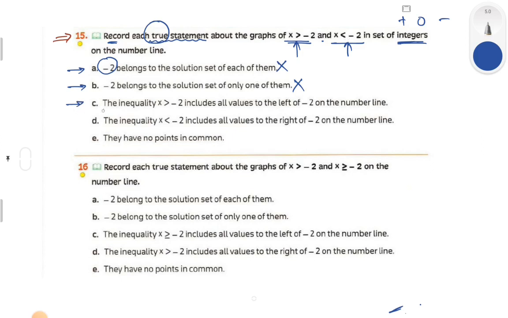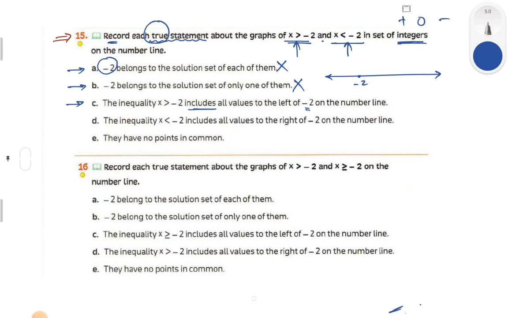C: the inequality x greater than negative 2 includes all values to the left of negative 2. We have the inequality greater than negative 2. If I draw the number line and I have negative 2 here, negative 2 does not belong to our solution, but greater than negative 2.